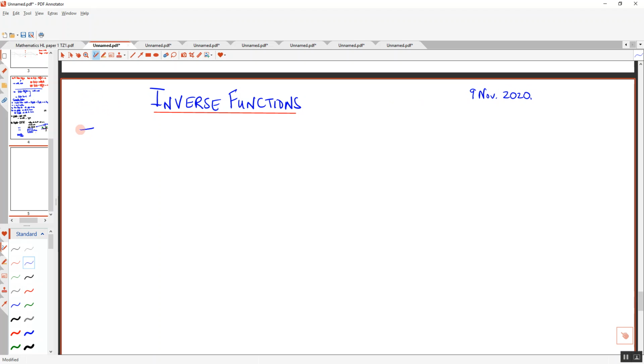Alright, so the inverse of a function is denoted as f negative 1 of x.